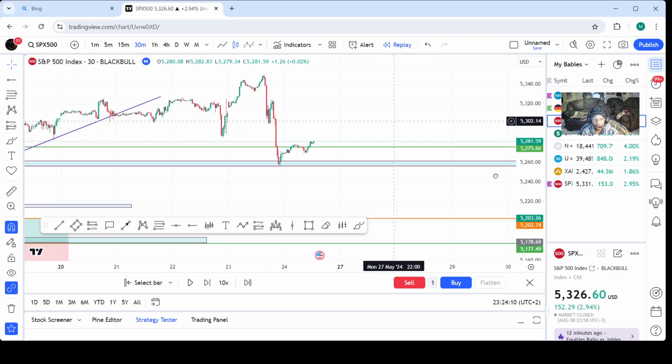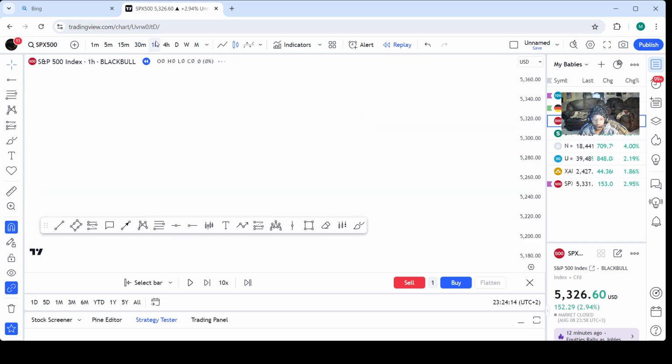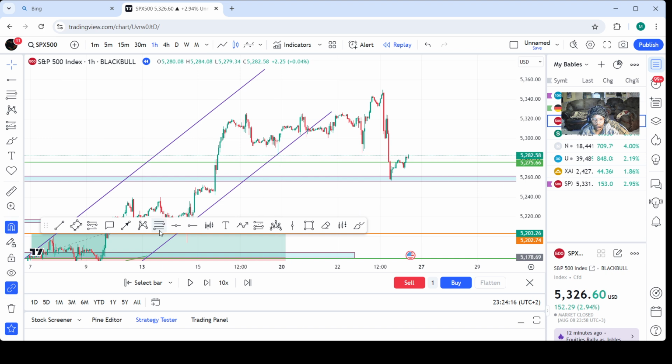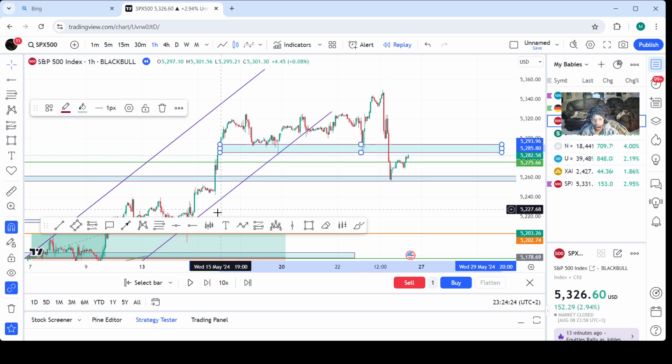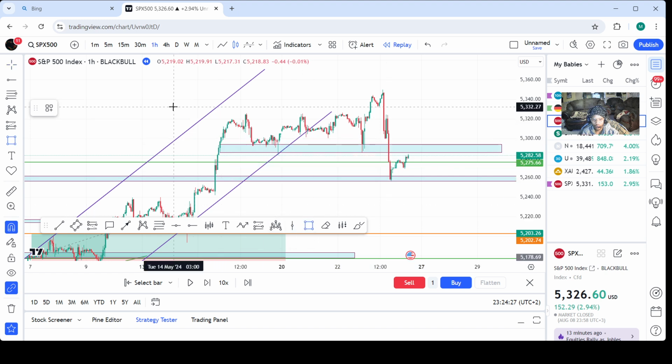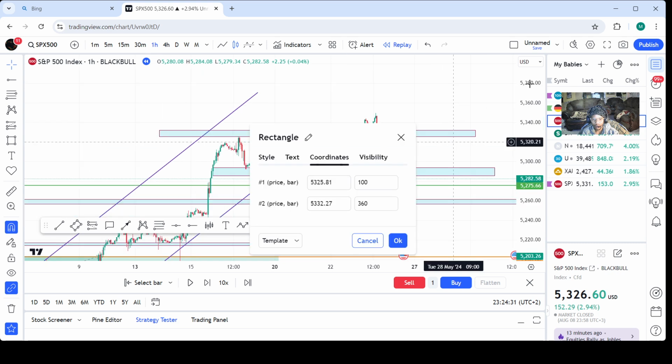And also, guys, look, let's cater for this too. We had a correction right here, and we had a correction right here. That's basically our correction.